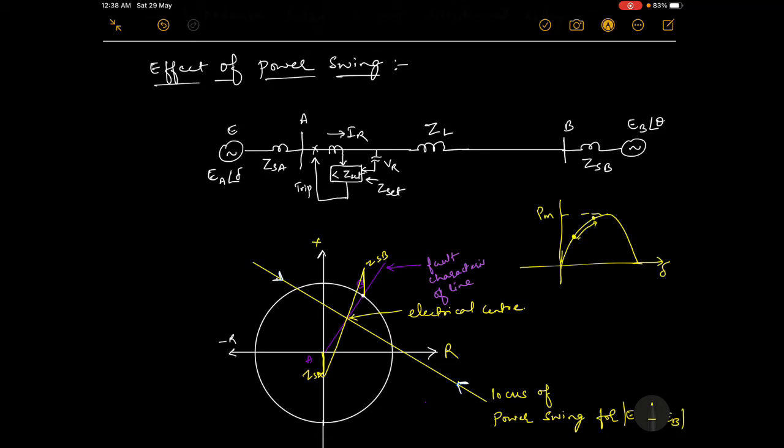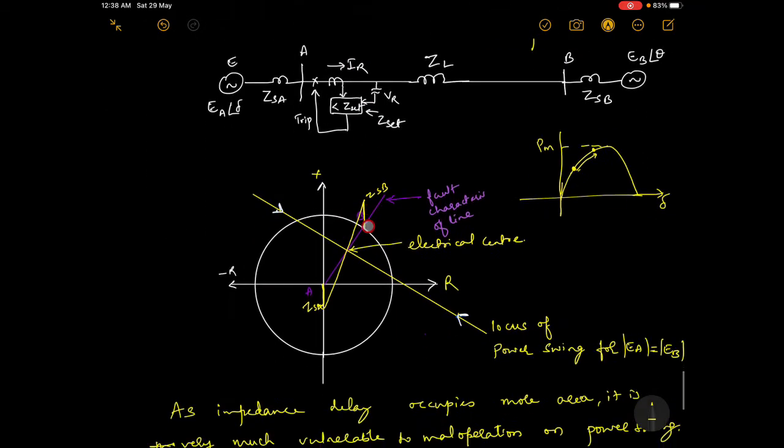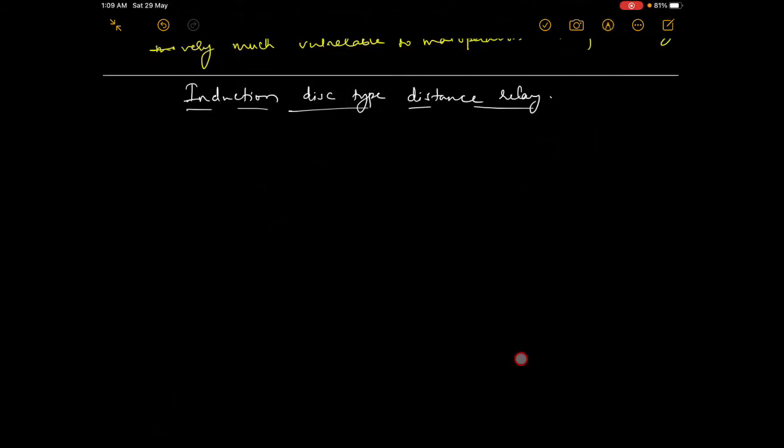So the arc resistance problem in the impedance relay we overcome using a reactance relay, where we take the reactance characteristic like this. Only reactance is there, no resistance, so arc resistance doesn't affect the reactance relay. We overcome the power swing and directional problems by using one more relay called the MHO relay, and we are going to see that now.